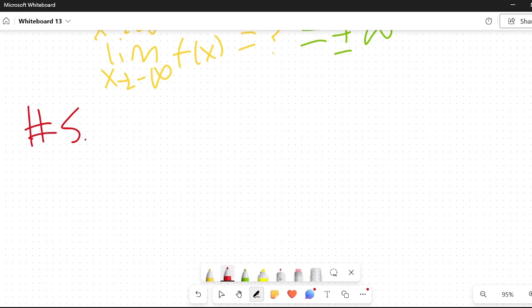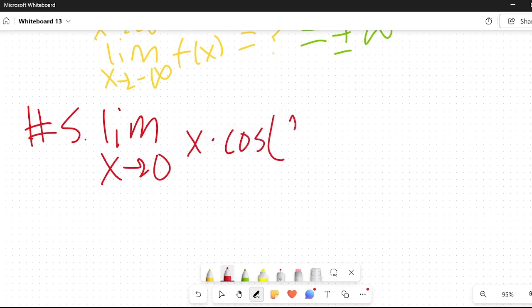Let's say we're trying to find the limit as x approaches 0 of x multiplied by cosine of 1 over x. Essentially, what we'll do here is look at the bounds and try to define two functions.